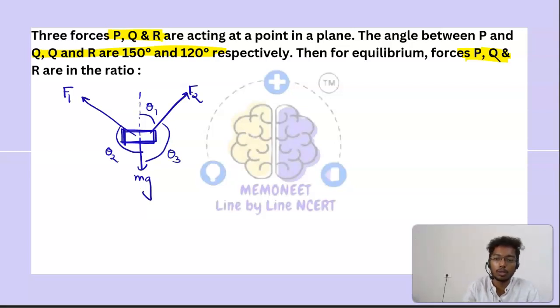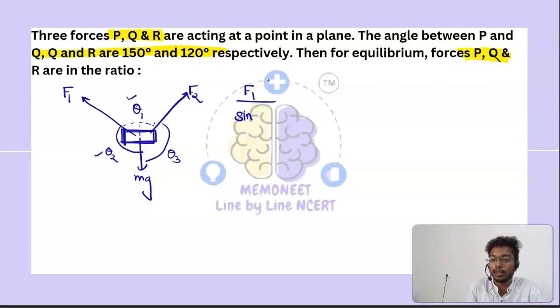So what we can write is f1 upon sine of the angle which is not adjacent to f1.